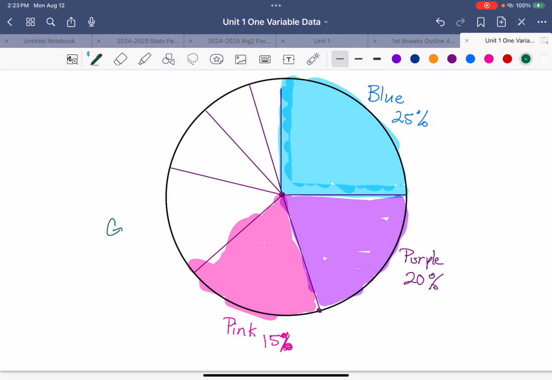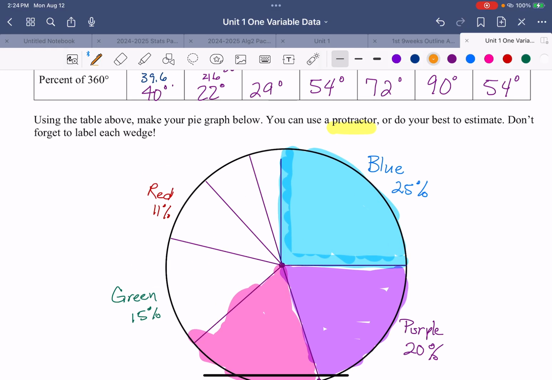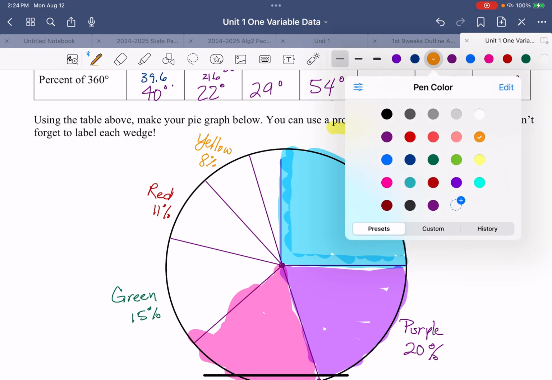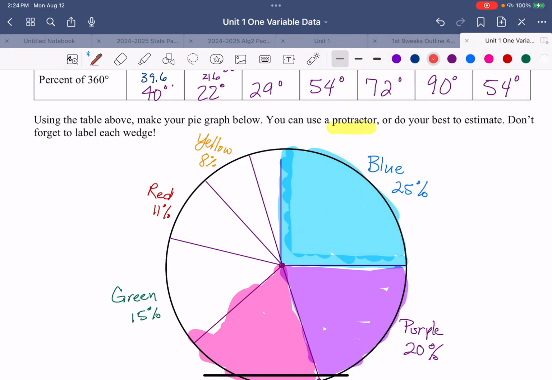We've got green, which is 15%. We've got red, that's 11%. We've got yellow, which is 8%. And then we have orange, which is 6%.